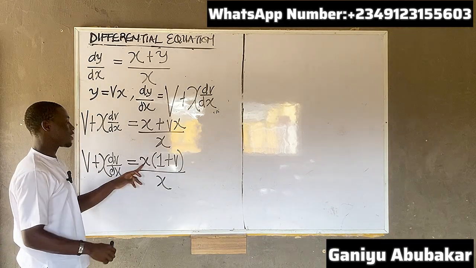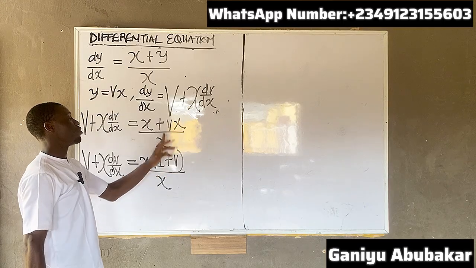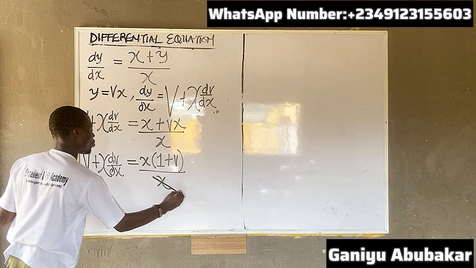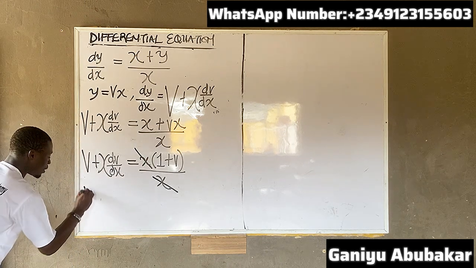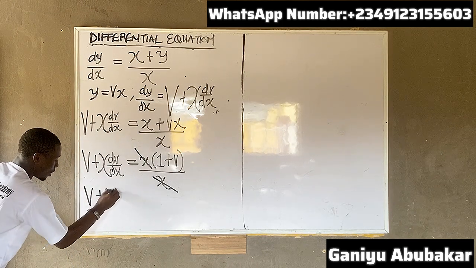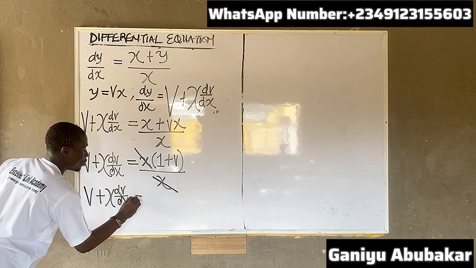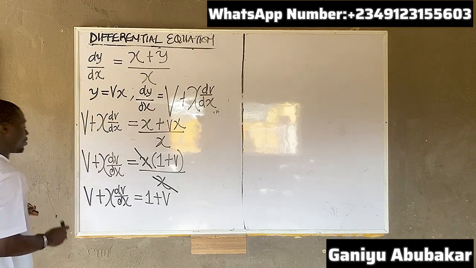Of course, x times 1 gives you x, plus x times v gives you vx or xv. The x will cancel.